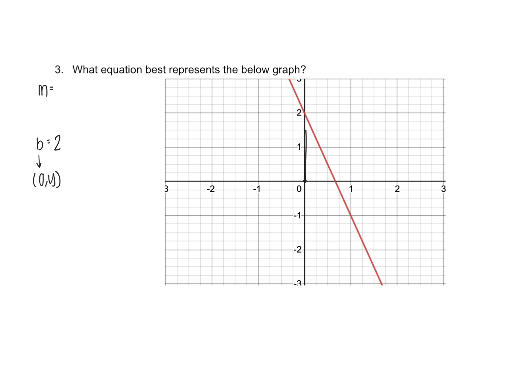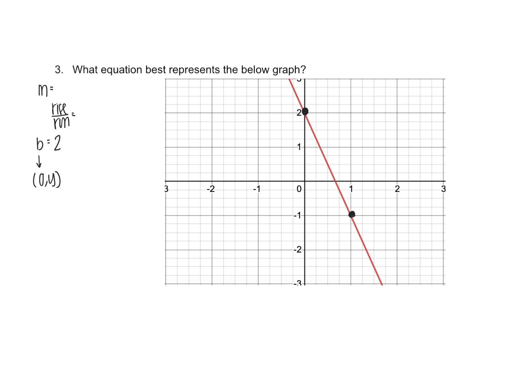To figure out our slope, we're going to find two perfect points. One of those can be our y-intercept, and we can also find a perfect point right here. And then we're going to see how many steps it takes, and we're going to find the rise over run.